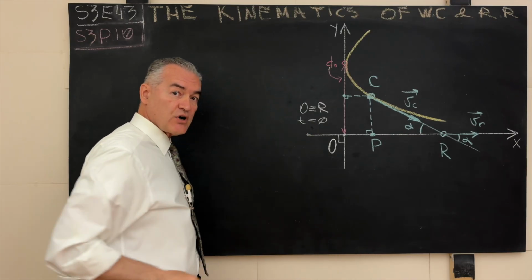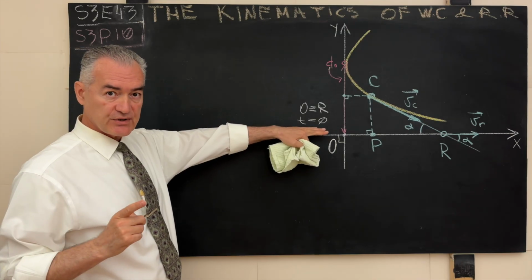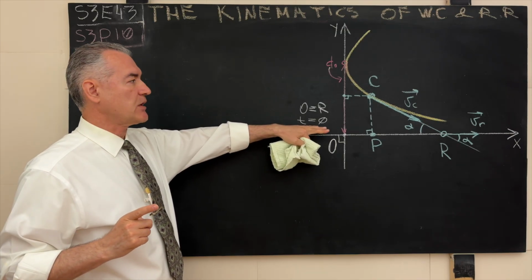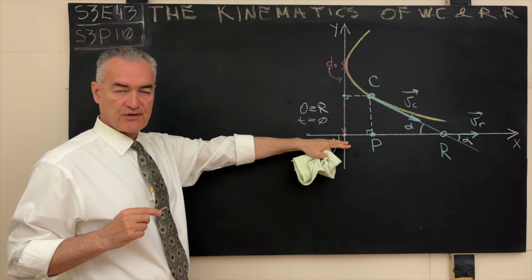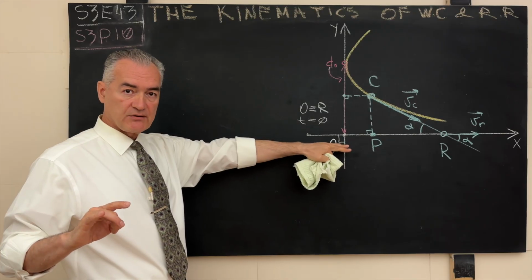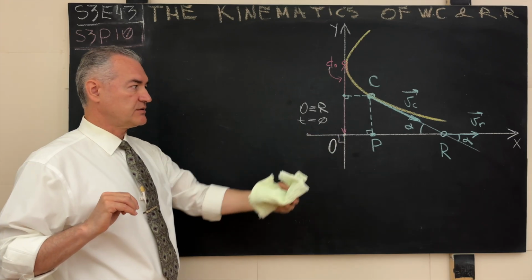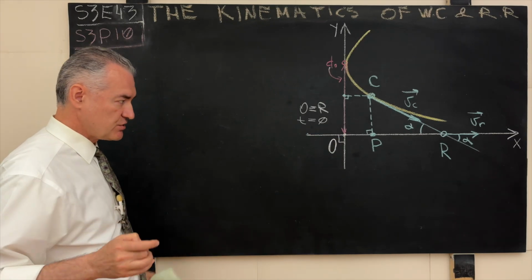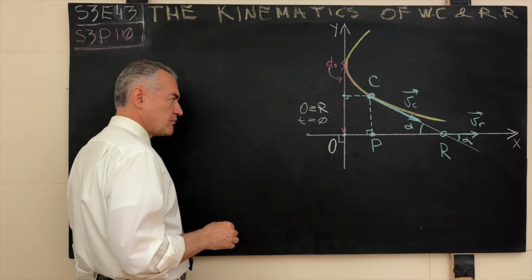This will be important for our integration, and we will take all sorts of integrals, but the boundaries for these integrals will come out naturally from these observations, from this information that we generated. So if you keep this picture in mind, you'll have absolutely no problem in generating correct boundaries of integration, and the number of such boundaries we will generate in the upcoming segments, left and right, will start growing like mushrooms after the rain.